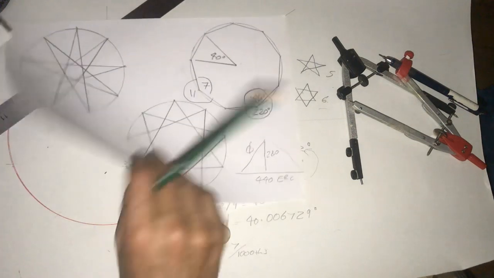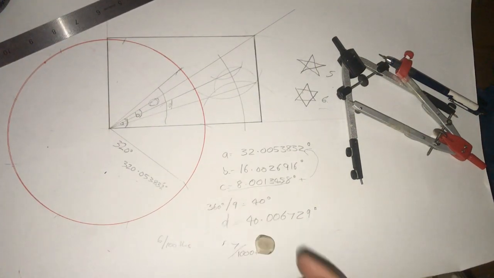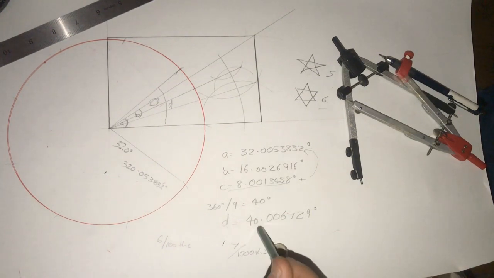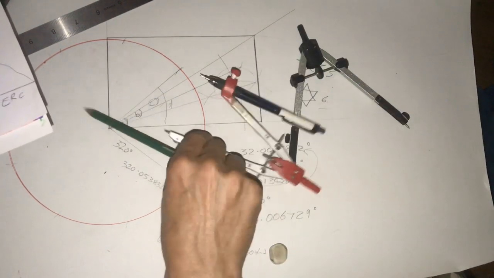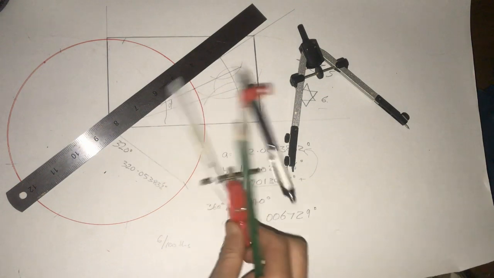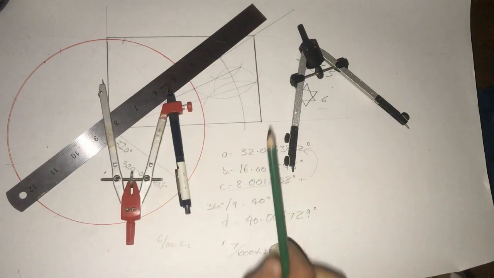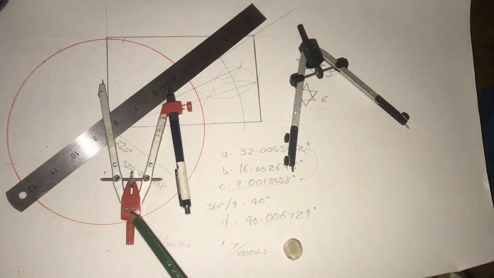So the nonagon from the Fibonacci, as far as I could find, is the most accurate way with just compass and straight edge, so accurate that it goes beyond the limitations of using tools such as these. But mathematically, geometrically speaking, it is not perfect. It is 7/1000ths of a degree from accurate.